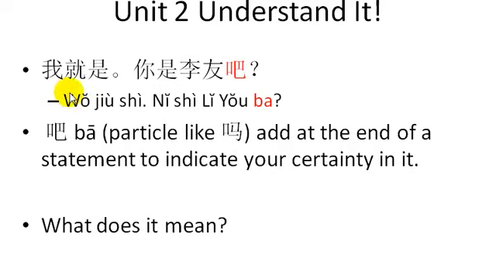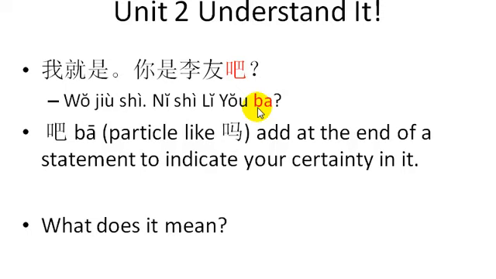Wang Peng responds, 我就是，你是李友吧? So here we see a new particle at the end of the sentence, ba. And ba is a particle that you can add at the end of a sentence, kind of like adding ma at the end of a sentence to make a statement into a question.